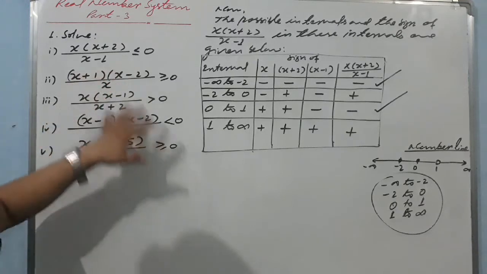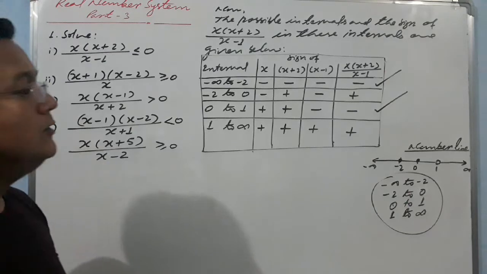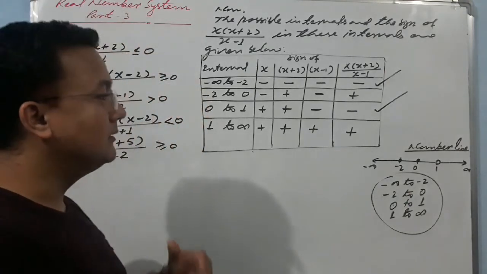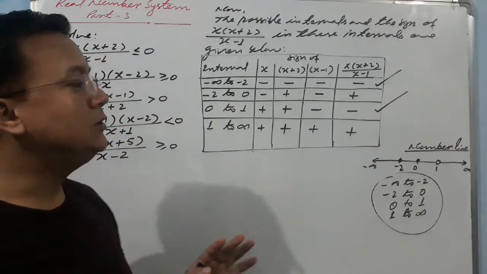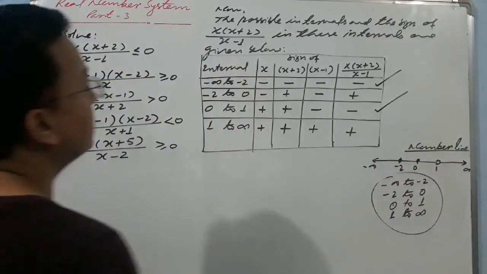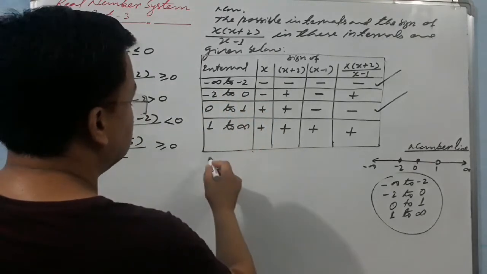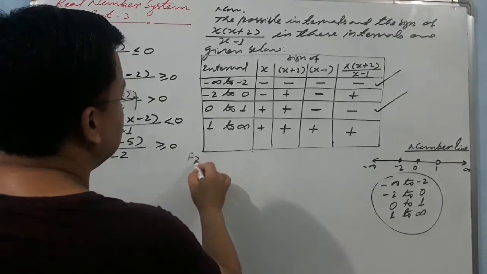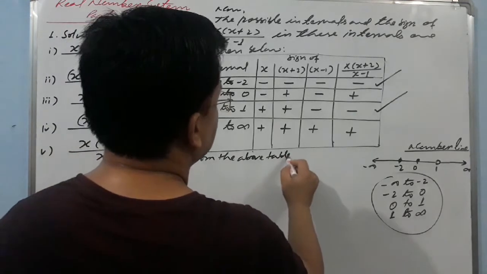So I have explained with which number you need to make a dark circle and an empty circle, because that tells us which bracket we need to use for this type of sign. It makes it very easy. And after getting that, we have to write down the required intervals. Now you have to write it in the proper way from the above table.